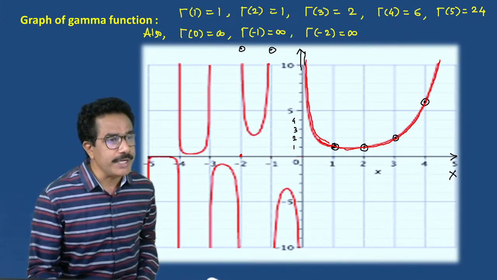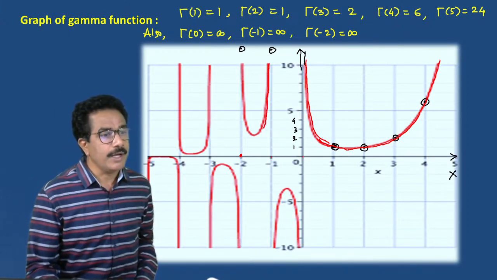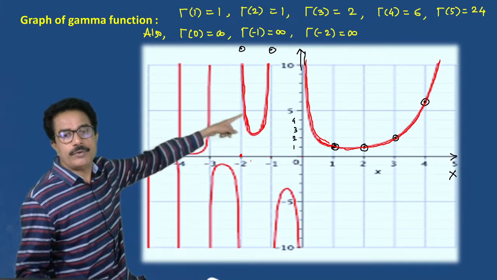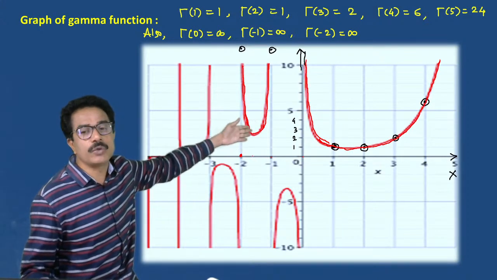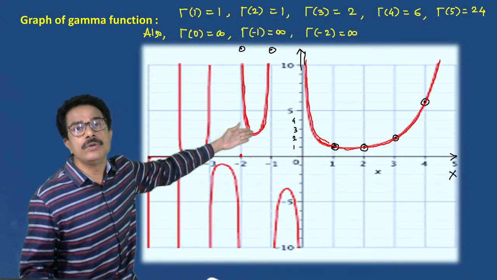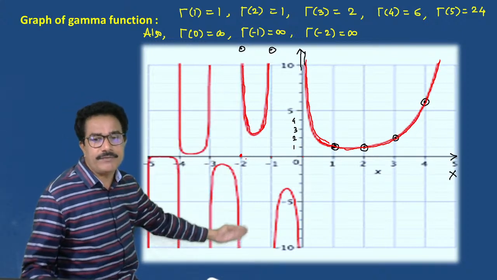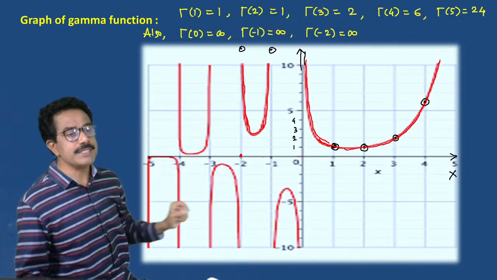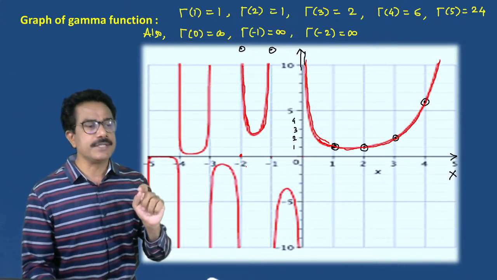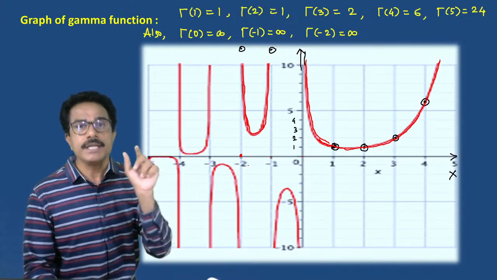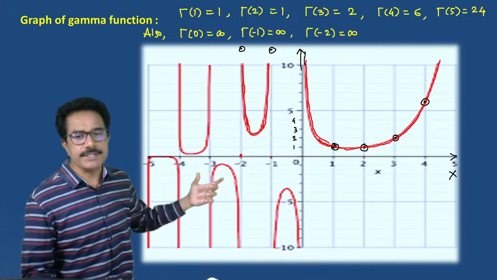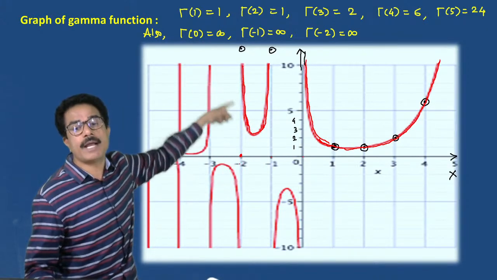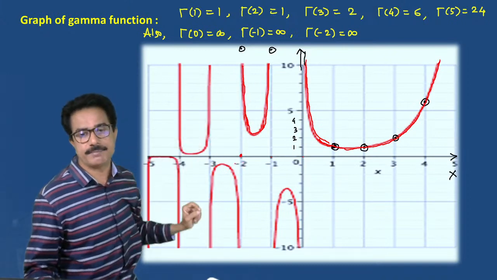So for non-integers, we can write in this way and we will get the graph. We shall see how to draw this graph. For the negative non-integer numbers, the graph will be in this way. Between the negative non-integers minus 1 to minus 2, the values of gamma will look like this.